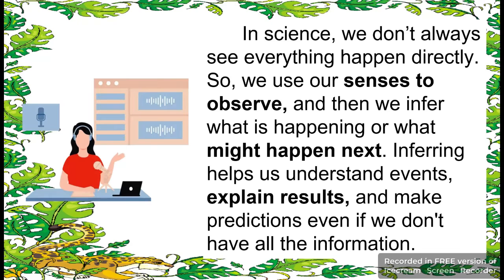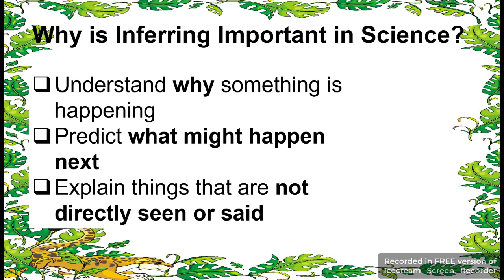In science, we don't always see everything happen directly. So, we use our senses to observe. And then, we infer what is happening or what might happen next. Inferring helps us understand events, explain results, and make predictions even if we don't have all the information.